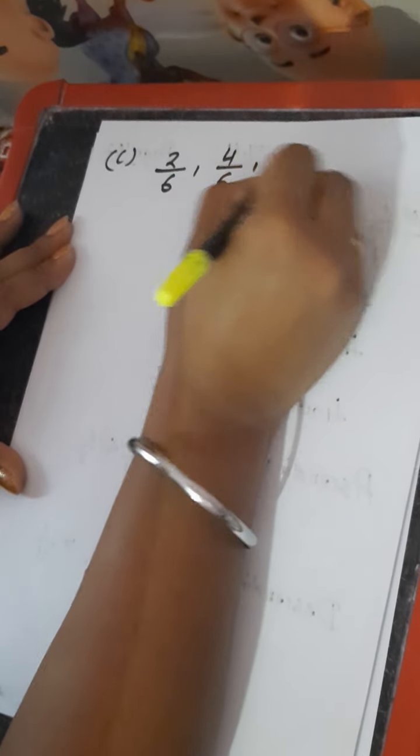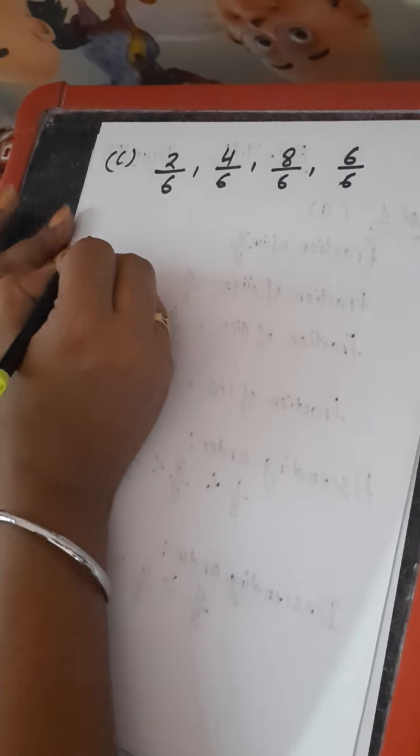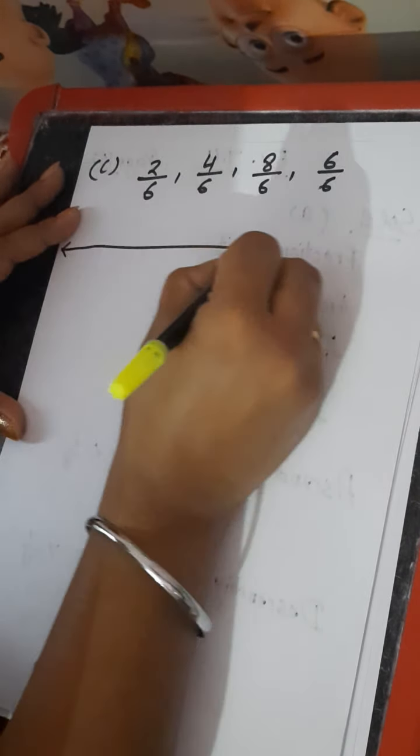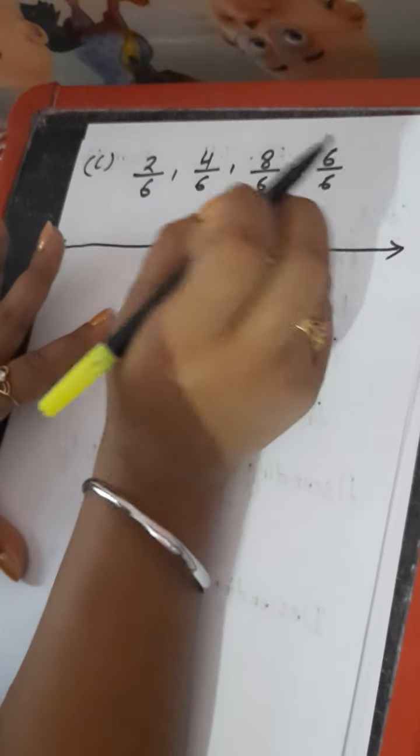So here we have the C part of this question. We have to locate these fractions on the number line. For this you have to draw a number line first. Now the denominator of all the fractions is the same.